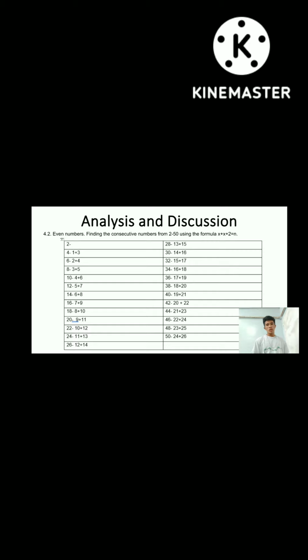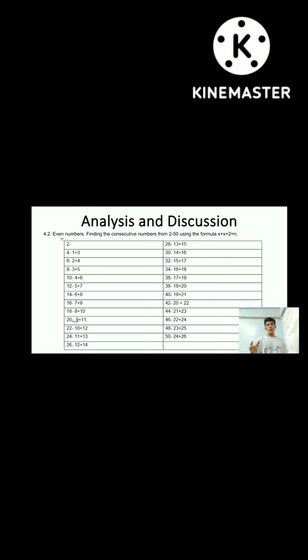The 4, 6, 8, 10 up to 50 can be expressed aside from number 2. Look at number 4: 1 plus 3. So 4 can be expressed by two consecutive numbers. And the number 6 can also be expressed, but as you can see, it has a pattern there.